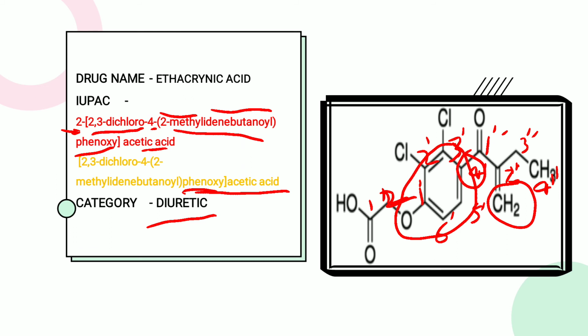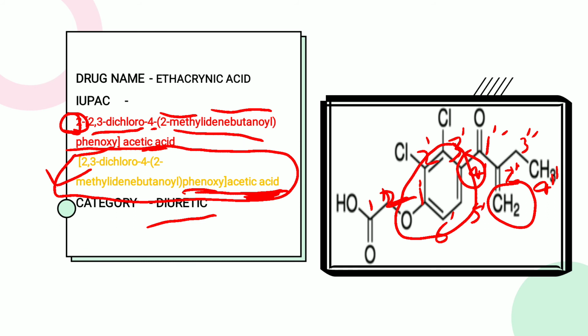Here both of the chemical names will be similar, only that the second number of the acetic acid is not mentioned in the second type of the chemical name. Only mention the acetic acid. On the acetic acid there is attachment of this group, that is the 2,3 dichloro 4 bracket 2-methyl ylidene butanol and phenoxy.